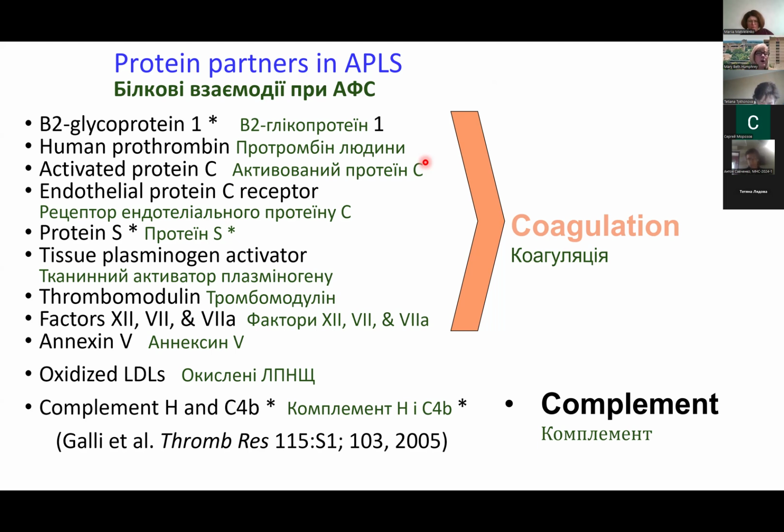Those are all part of the coagulation cascade, and they can be interacting partners with the antiphospholipid antibodies. We've already talked about the annexin 5 that can be on apoptotic cells. Oxidized LDLs can also contribute to APLS, and then complement H and C4b can also be associated with the antiphospholipid antibodies and the phospholipids.